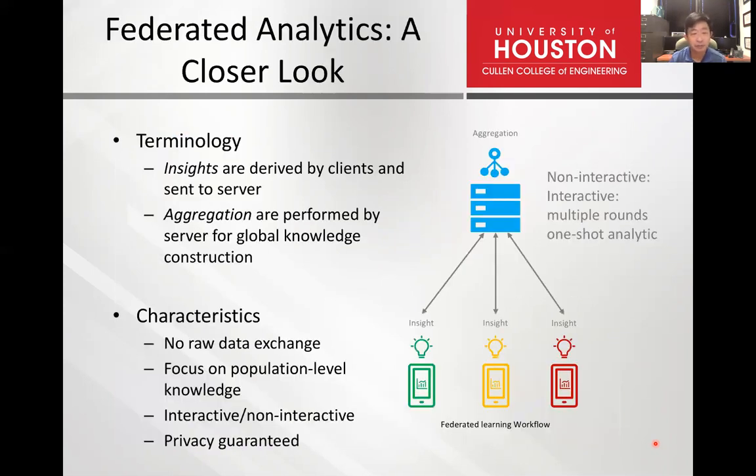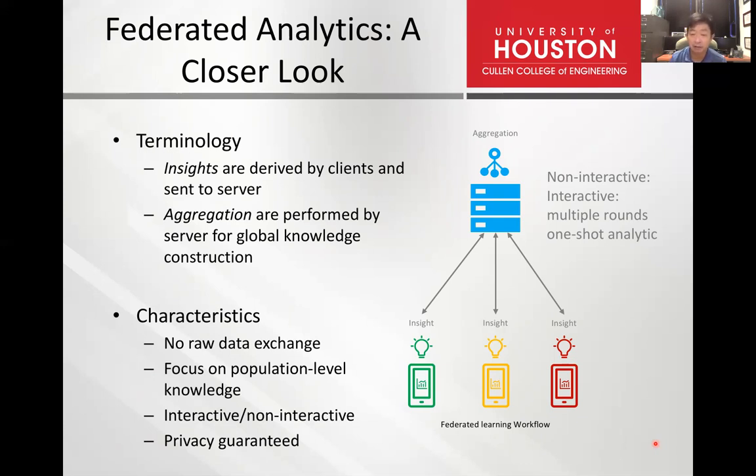And the terminology inside are derived from the client and sent to the server. So instead of just averaging, they give an insight. And aggregation is performed by the server for global knowledge construction. In other words, for federated learning, they are still reporting the gradient, and the server is just an algorithm.